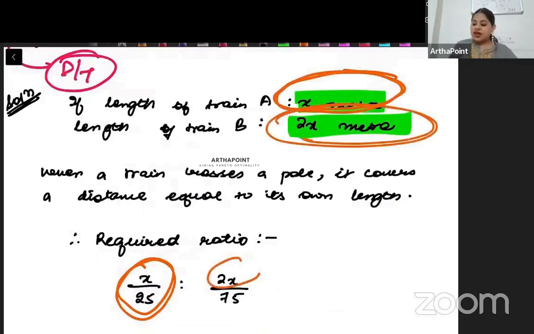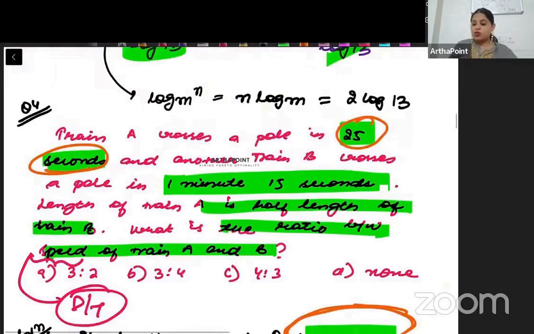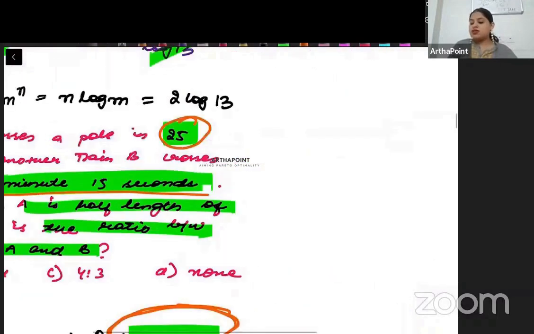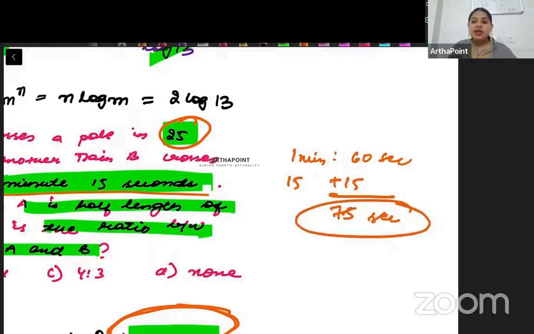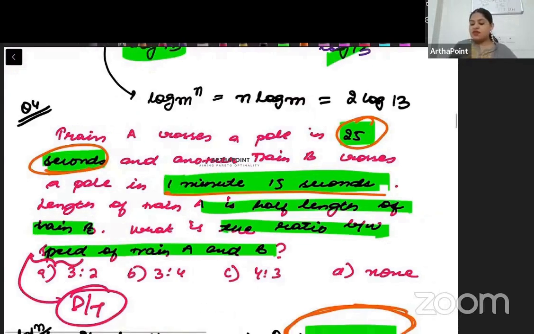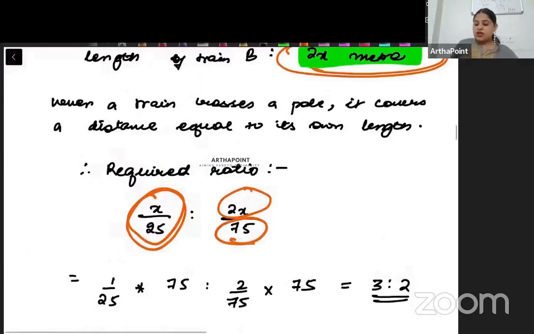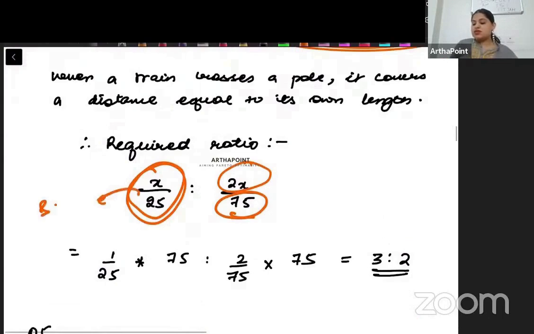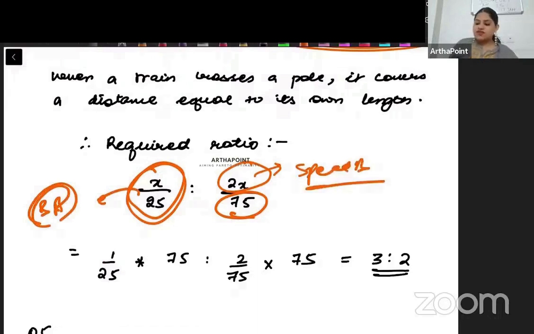And it is covering a time equal to 1 minute 15 seconds. So 1 minute is 60 seconds, and 15 seconds, if I add that, I will get 75 seconds. So train B is covering a time of 75 seconds. So this is the speed of train A and this is the speed of train B. If you find this ratio, it is very clear, beta.